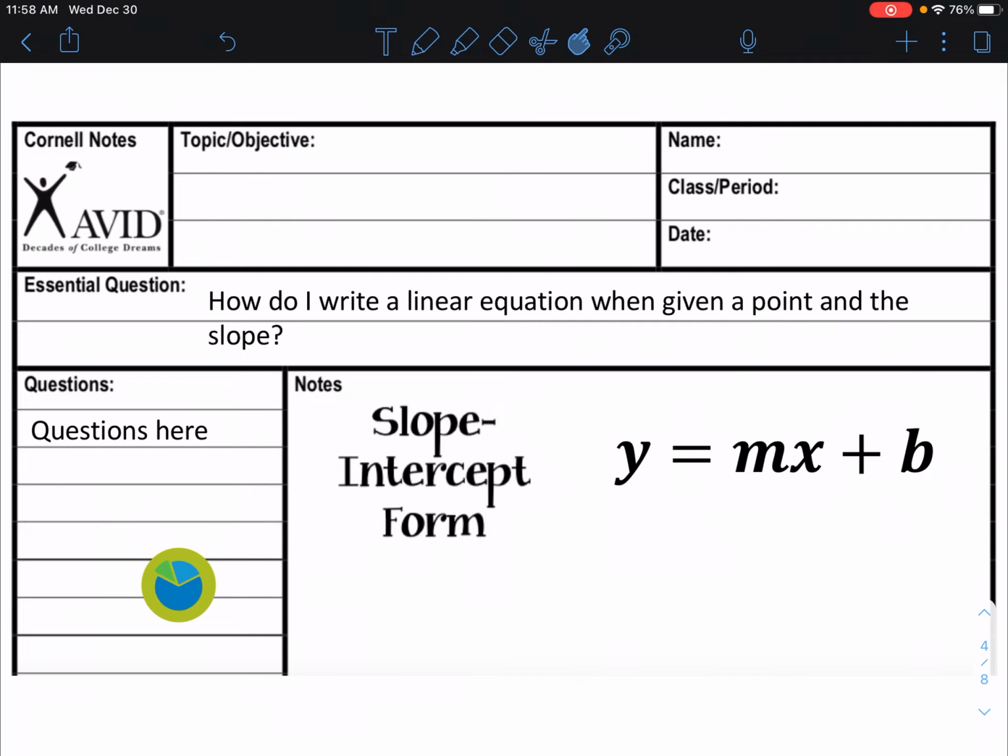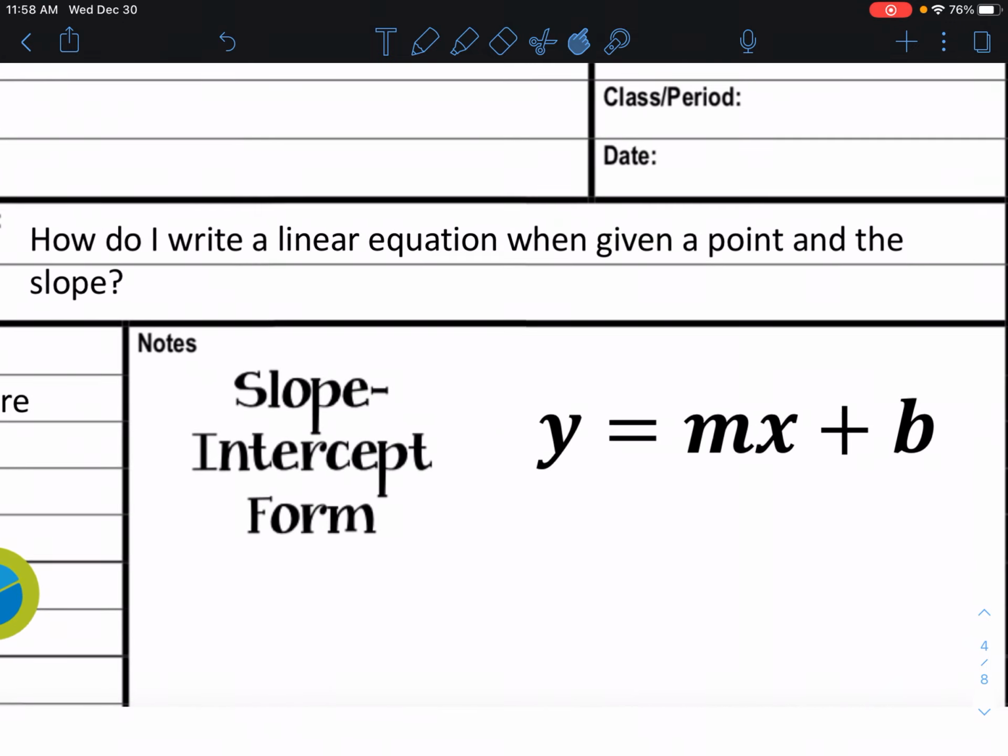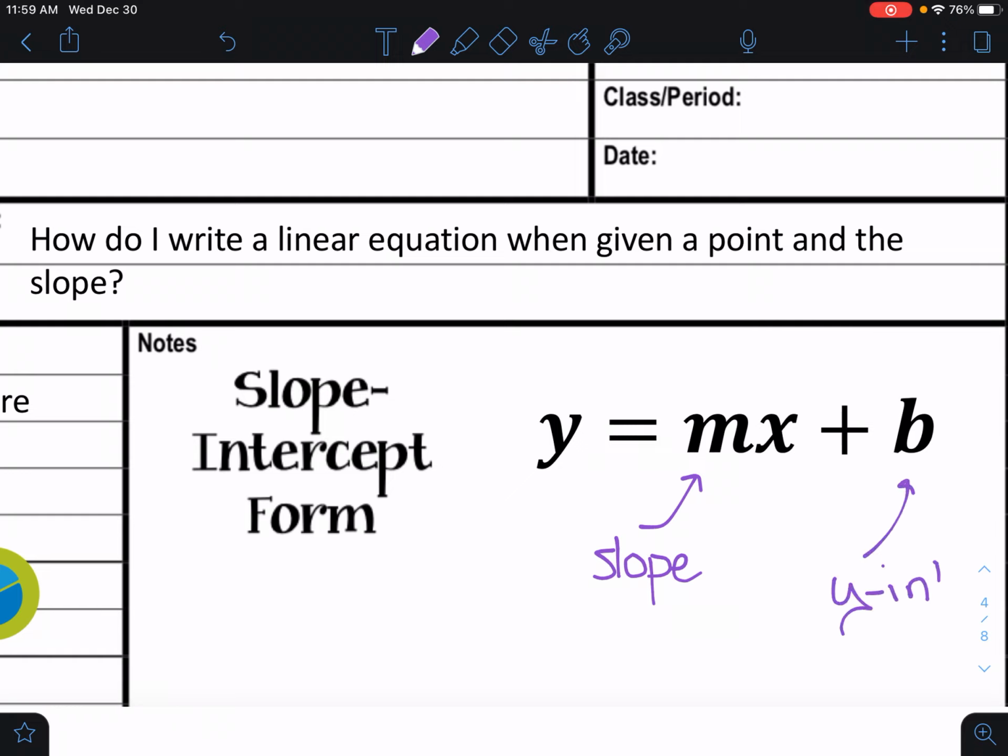Okay, so when we write linear equations, the most common form, again, we said is slope-intercept form. Another form is standard form. We've talked about both of those. And so just a quick review, reminder that this slope-intercept form, y equals mx plus b, is called slope-intercept form because you need the slope and you need the y-intercept, those two pieces of information, to be able to write it.